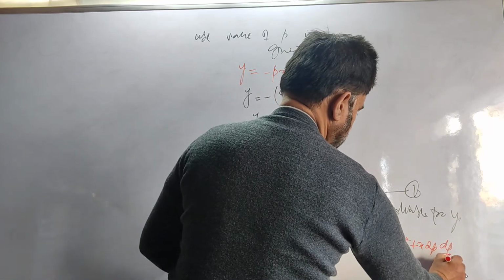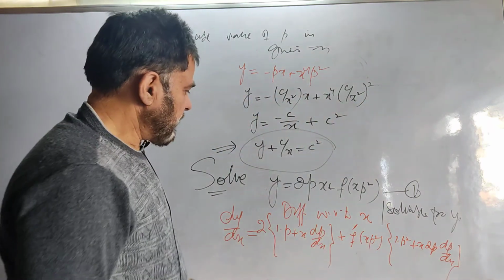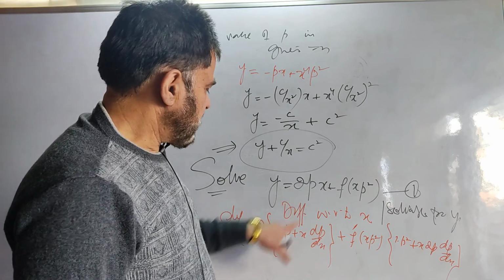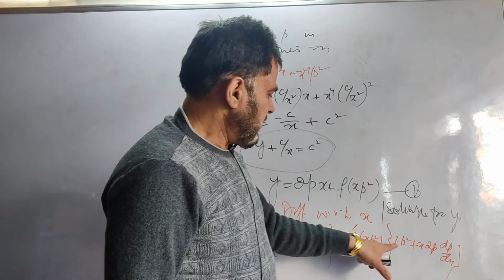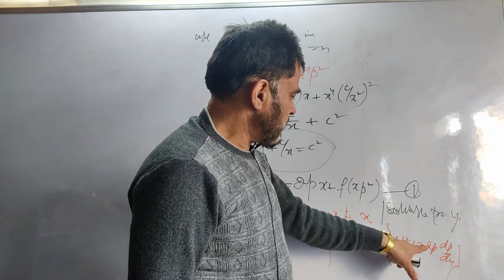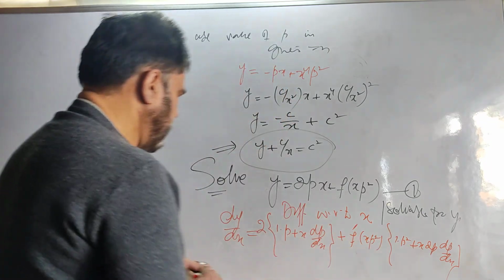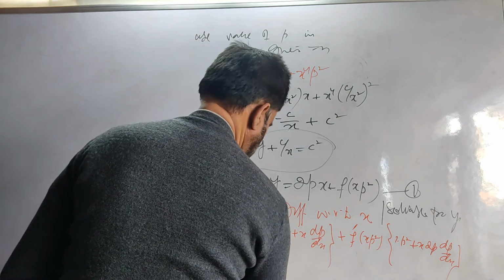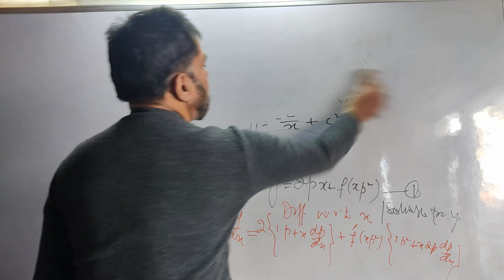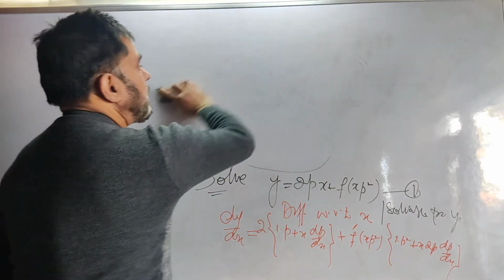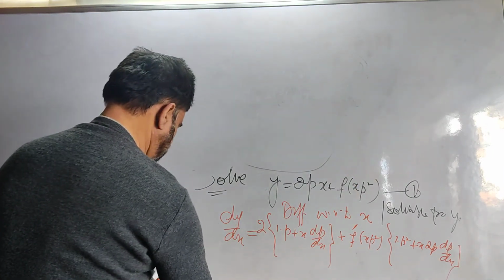Let us see again. Derivative 2 out, derivative of x is 1, p plus x, p is dp by dx, f dash this, then p square as it is, x 2p dp by dx. Let us see. Let us have it a solution.